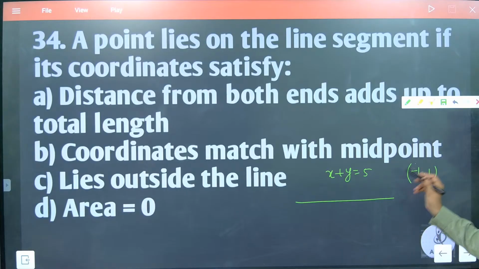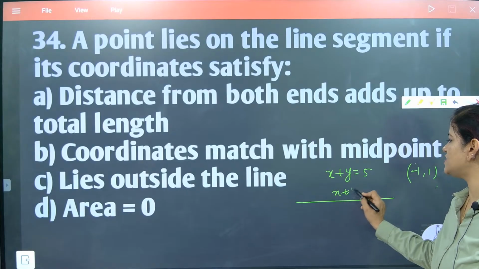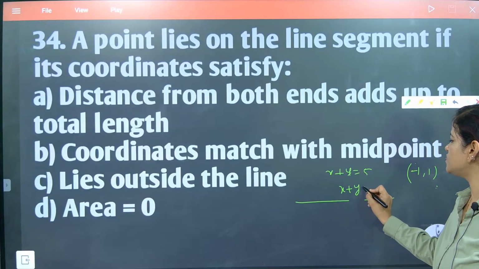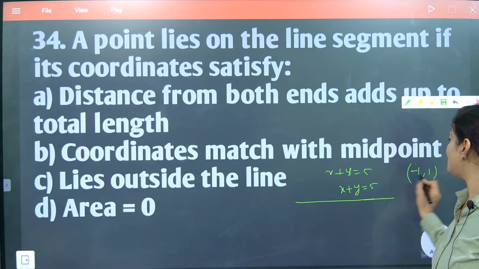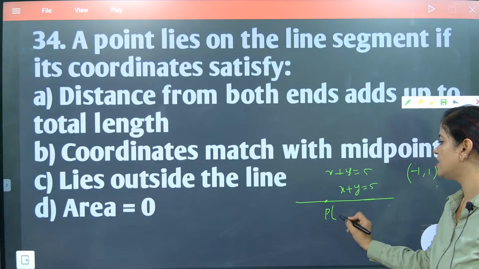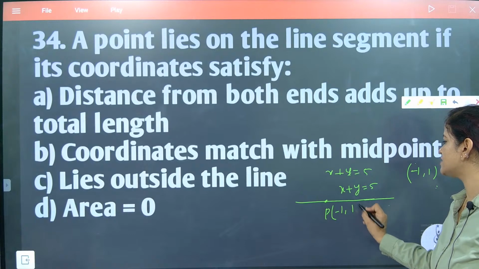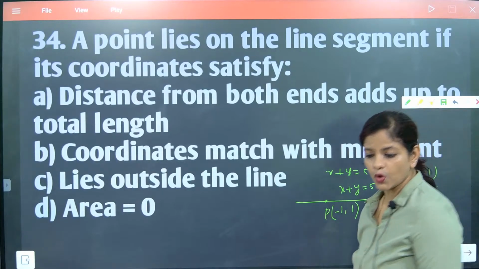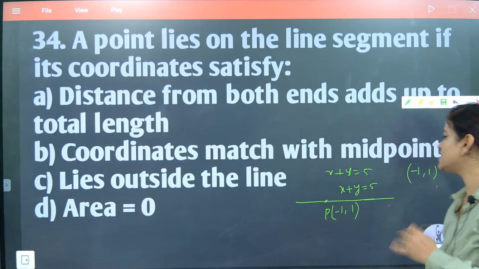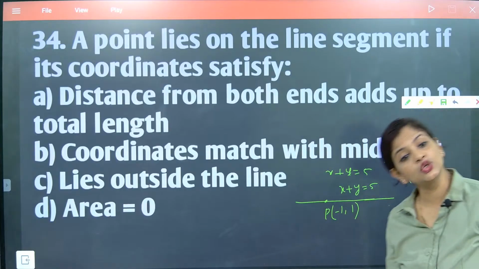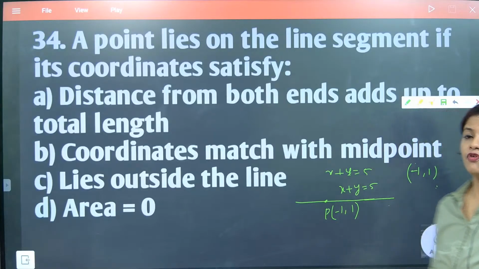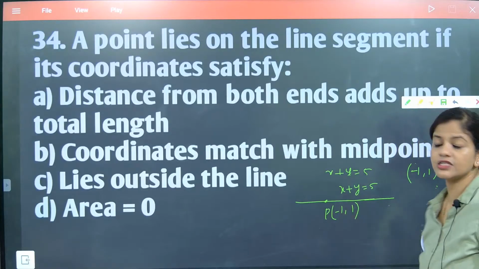Is this point present on the line x plus y equal to 5? The answer is no, because LHS is not equal to RHS for the equation of a line. So here it is not present.